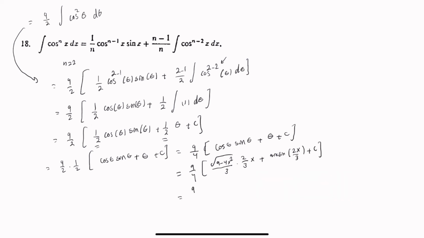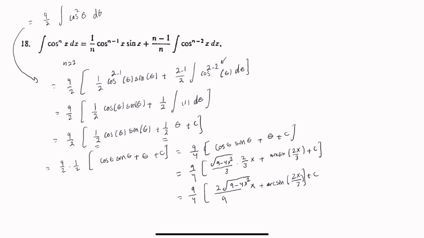So this is going to be equal to 9 over 4, and then multiplied by 2 over 9 multiplied by the square root of 9 minus 4x squared times x plus arc sine of 2x over 3 plus c.